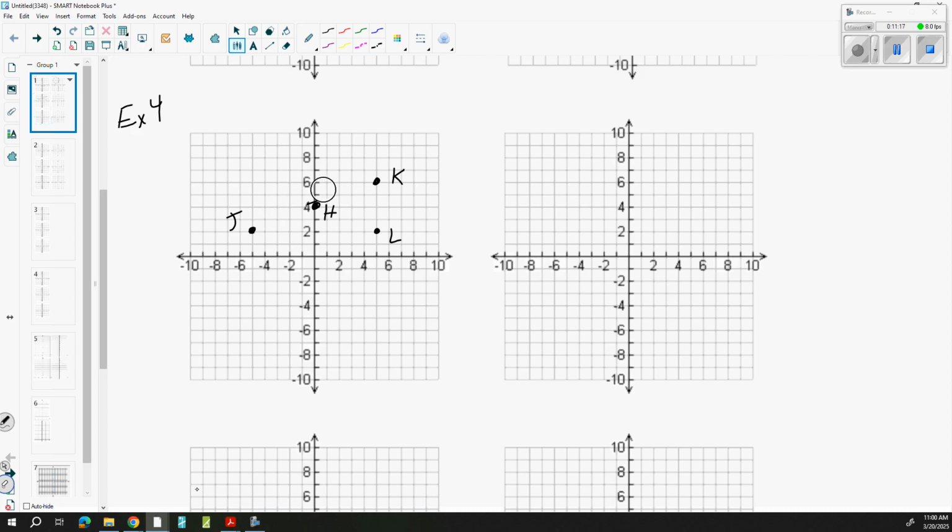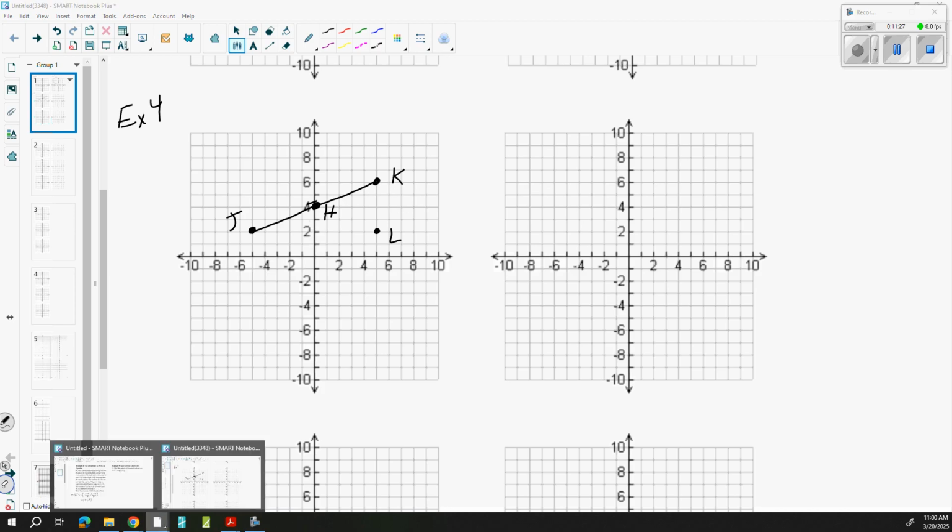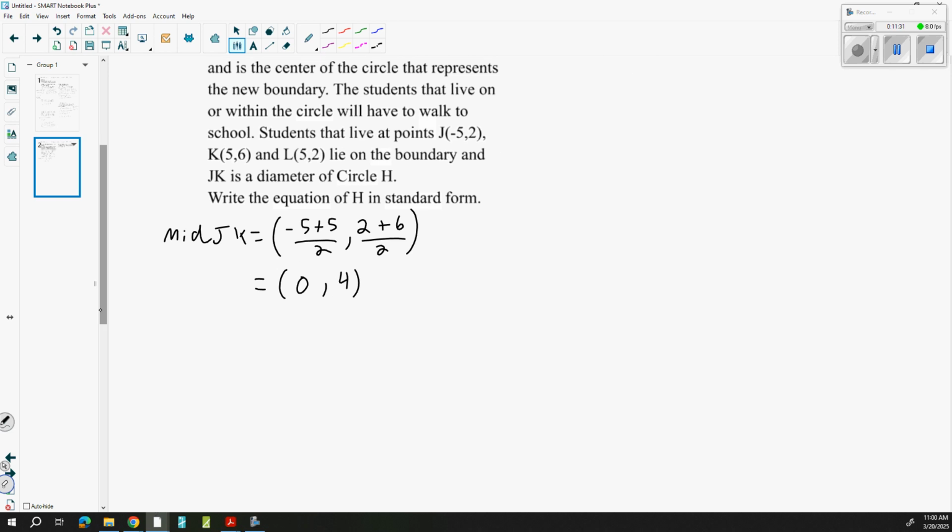I can fix this. And now we need to go from H to K or J. Doesn't really matter. So now we need to find the distance from H to, let's just say K since it's positive.